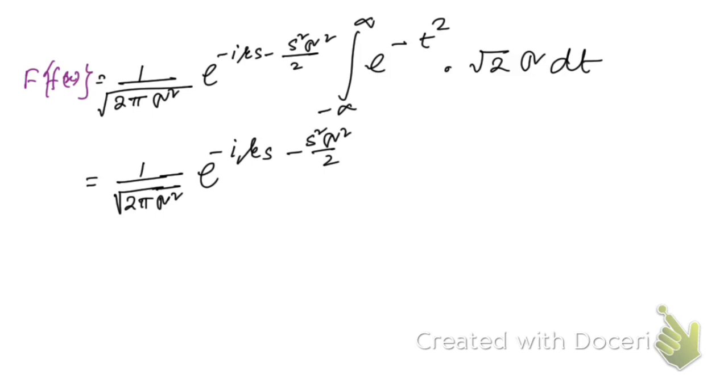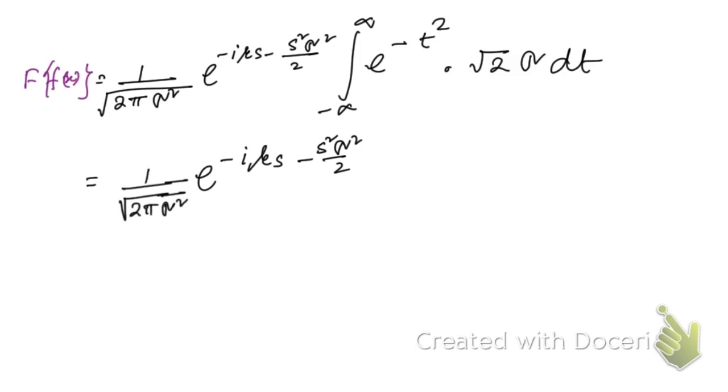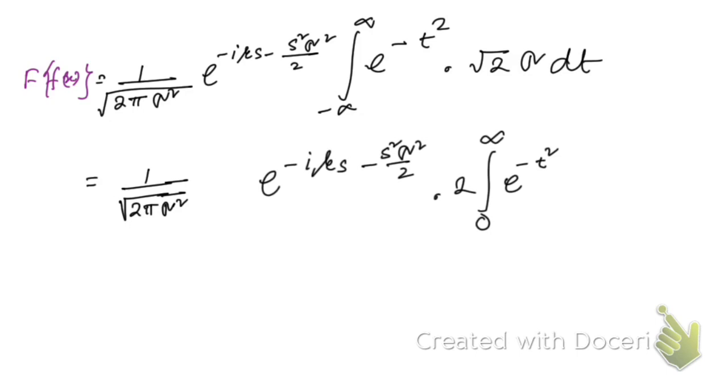This is s square, so we can write this way: 2 into integration from 0 to infinity e to the power minus t square, and this root 2 sigma is taken outside as this part is constant. So let me write this one here, root 2 into sigma. Okay, so then here we're gonna have dt.